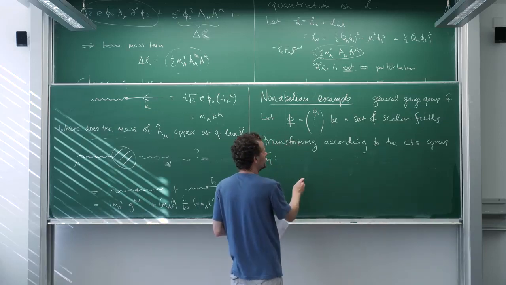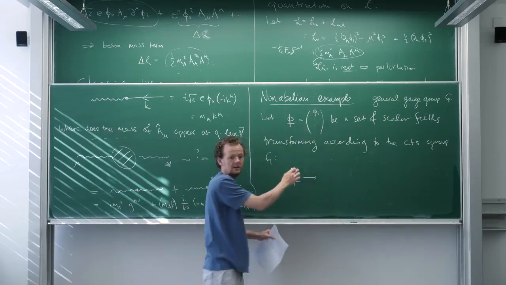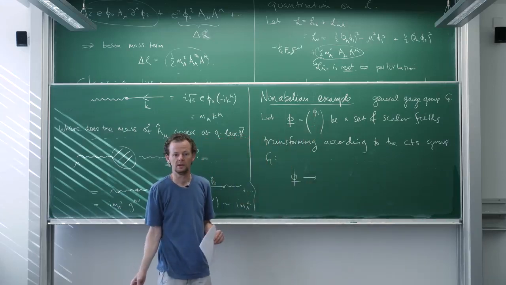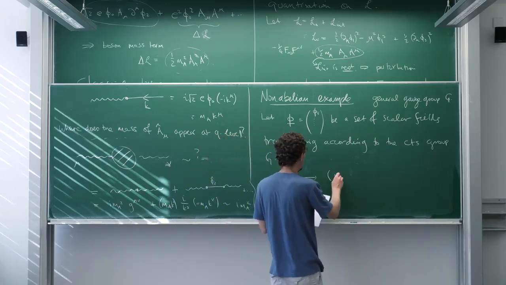So if something transforms according to a continuous group, it means that you take this vector here and multiply it by a representation of the group, which is a matrix.